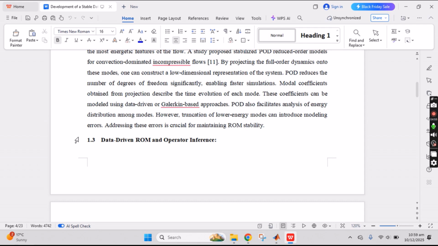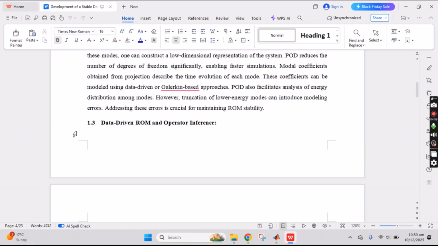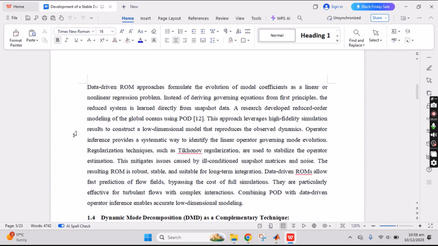So in the data-driven ROM operator inference, we are using the approach of formulating the evaluation of model coefficients as a linear or nonlinear regression problem, and that research developed a reduced order model of the global ocean using POD.